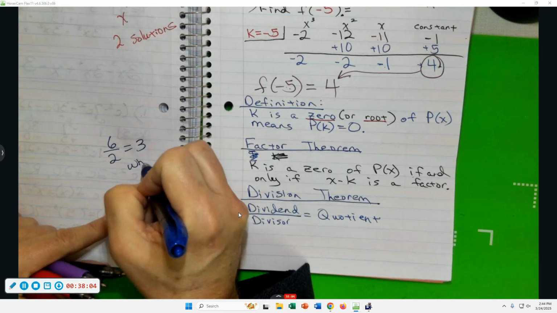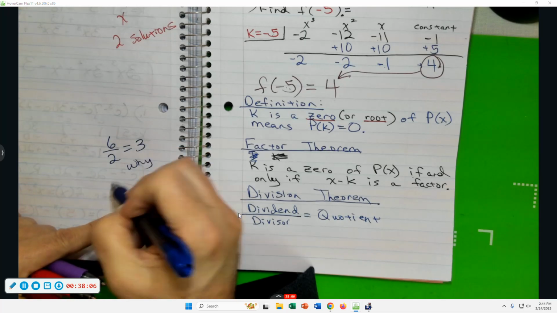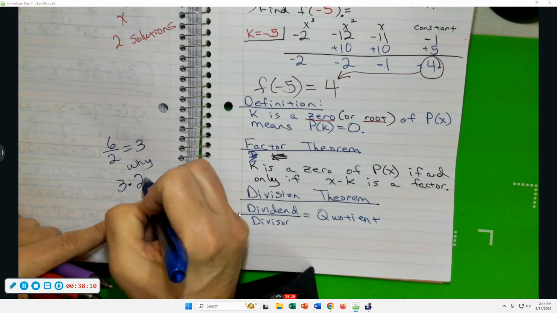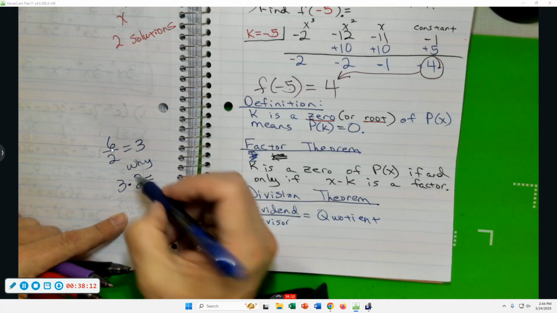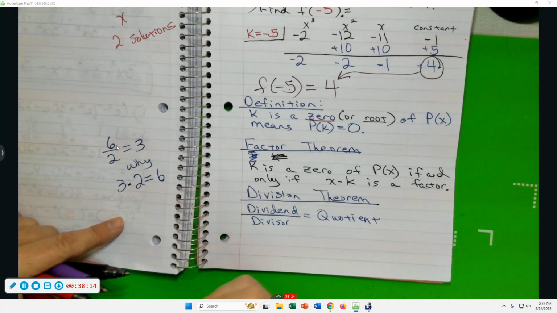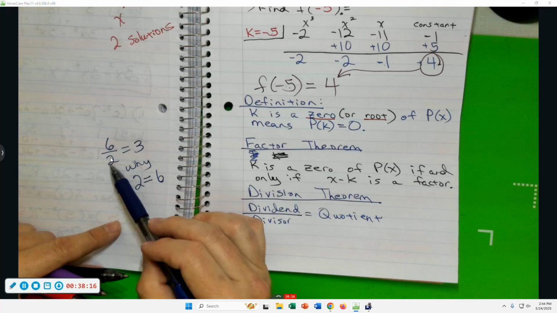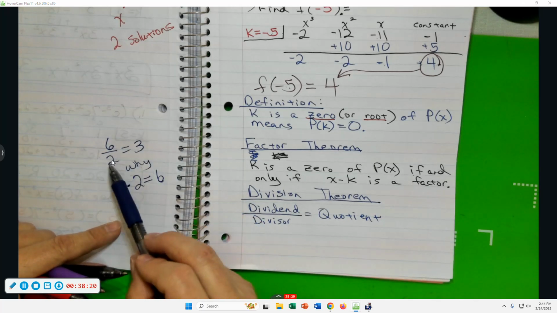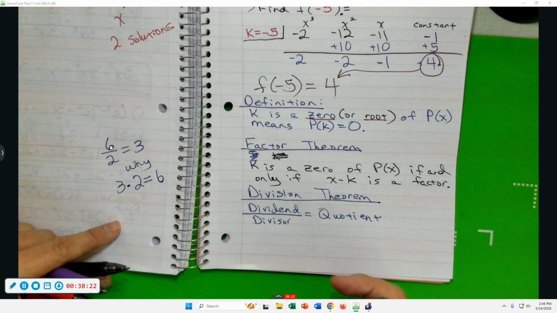6 divided by 2 is 3. Why? Because the quotient, 3, times the divisor, 2, has to give you what? 6, the dividend. Why does 6 divided by 2 equal 3? Because 3 times 2 has to give us 6.